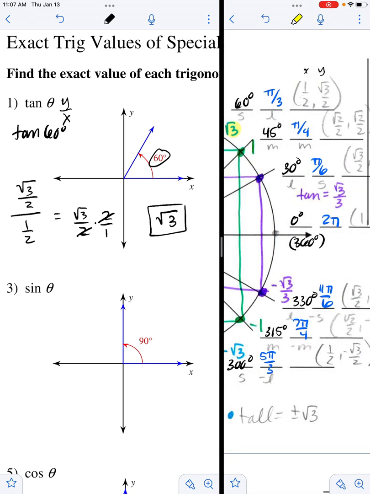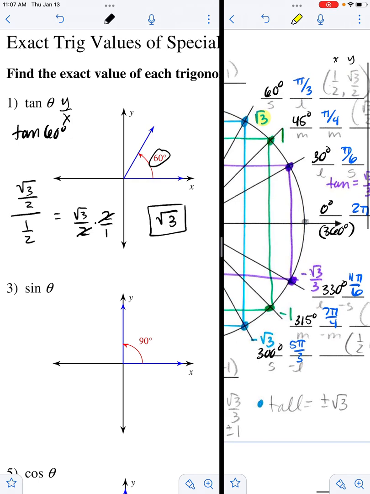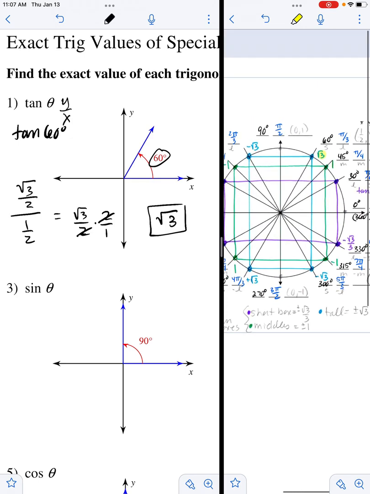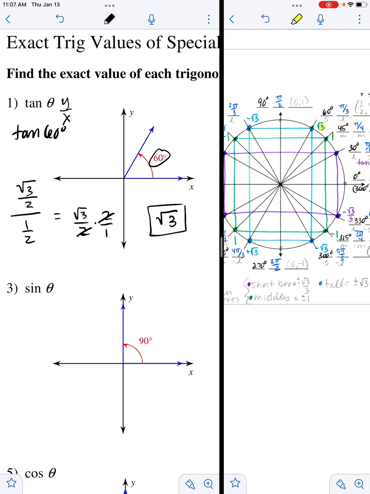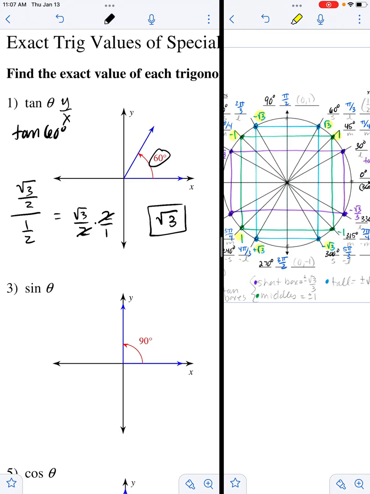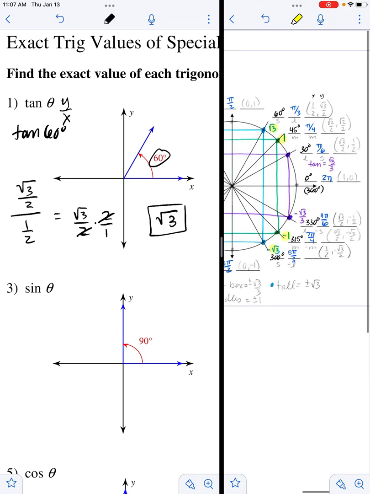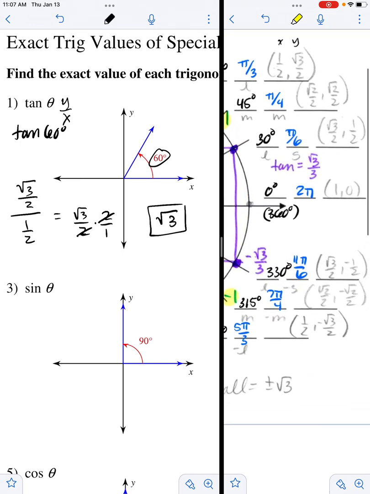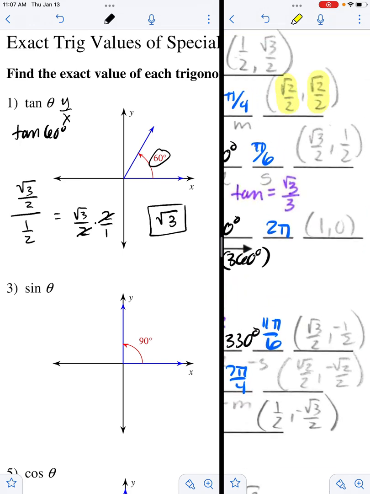You can see on here that I actually wrote my tangents in. I have a tangent written at each spot, if you can find it. I call them tangent boxes, meaning you can see this kind of turquoisey blue. Everything that is in a corner of the turquoisey blue color has a tangent value of root 3. It's just a question of whether it's positive or negative depending on the quadrant. You can see here all these green corners have 1 as their tangent value, positive or negative, and that's because in those corners I have these coordinates.